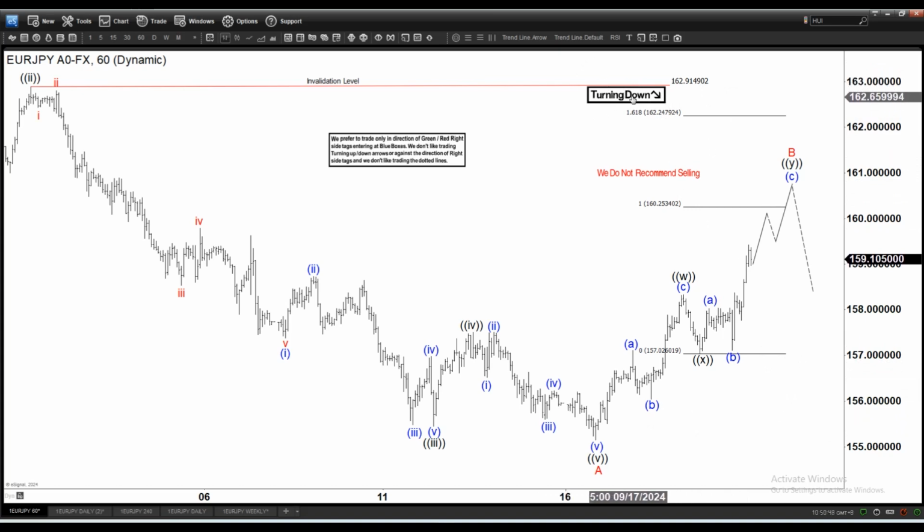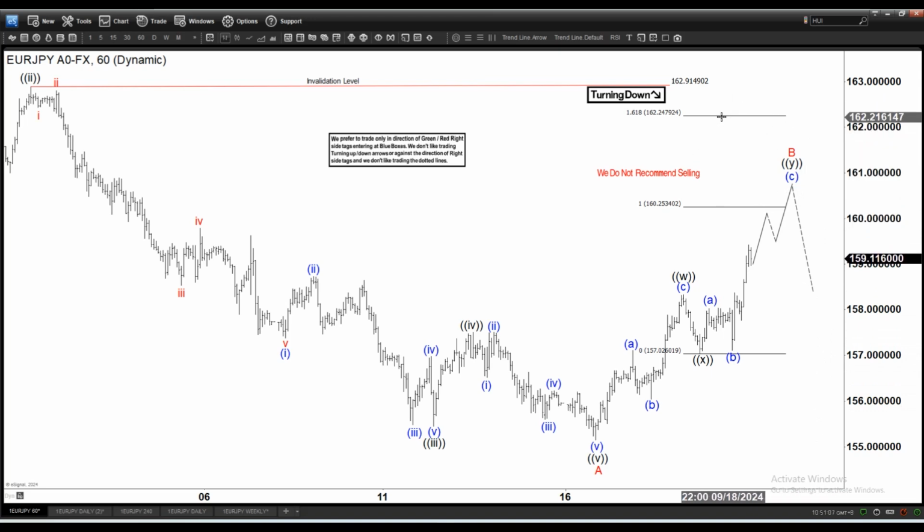This is the expected area between 160.25 and 162.24 where potentially the current rally can fail, and then it can start turning lower again from this area.